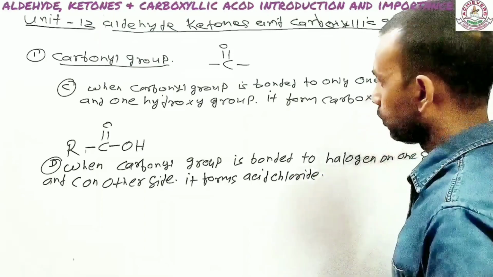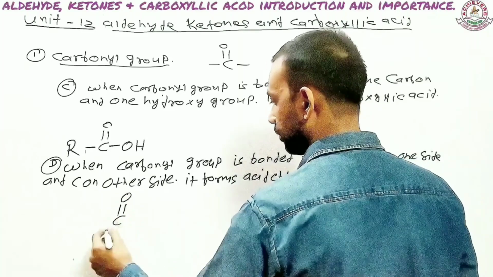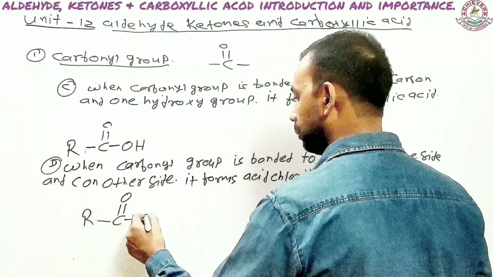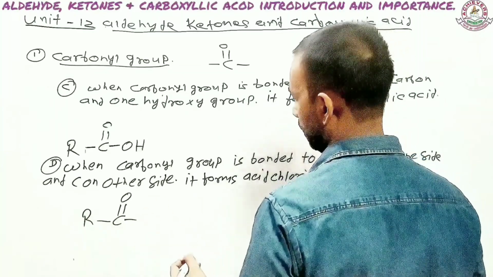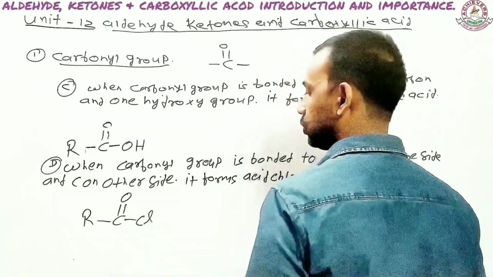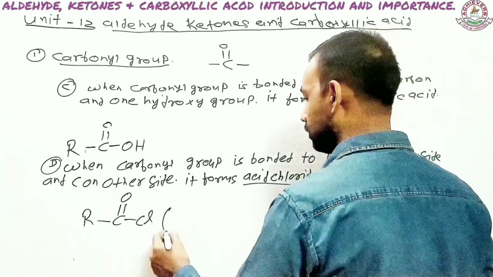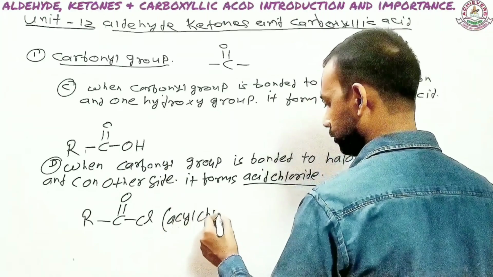Let's go with the structure. You have your carbonyl group here, and on one hand you have carbon, while on the other hand you have a chloride, or a halogen. Okay, let's make it chloride only. So this is called acid chloride, also called acyl chloride.